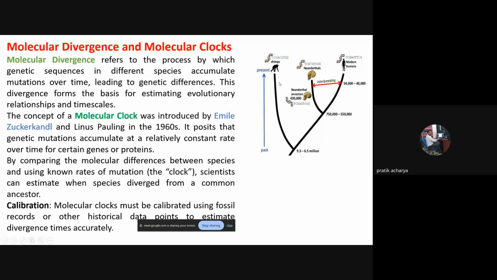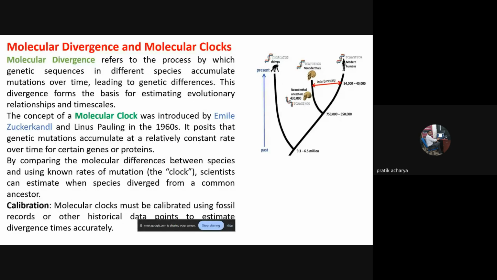The format is known as molecular clock. At a particular fixed rate, the mutation is accumulated generation after generation. So by comparing the molecular differences between species and using a known rate of mutation, that means the molecular clock, scientists can estimate when species diverged from a common ancestor.